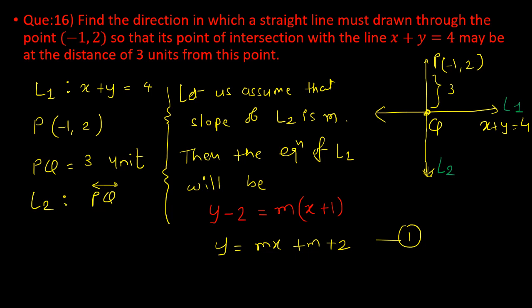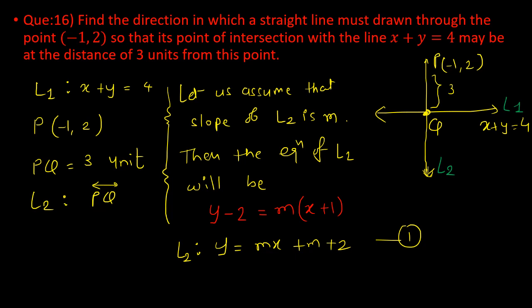Now, to find the coordinates of Q, we have the equation of L1 as well as the equation of L2. We can find the intersection point Q using these two lines. Let's go to the next slide.